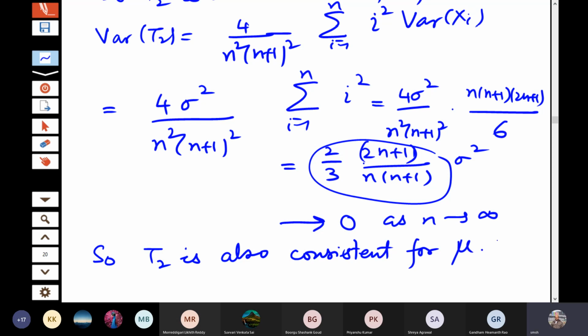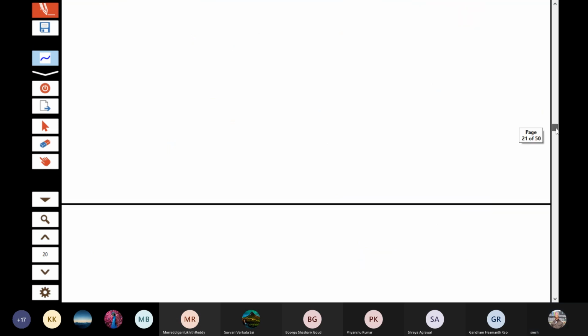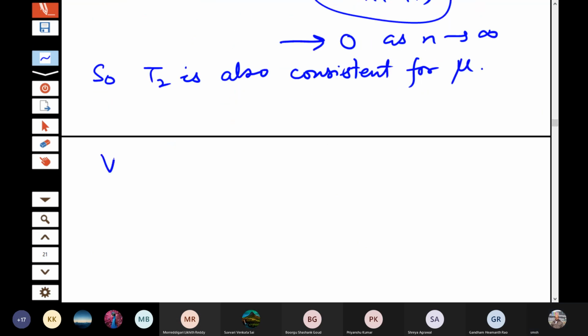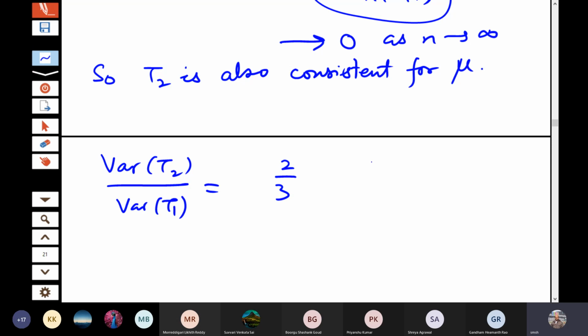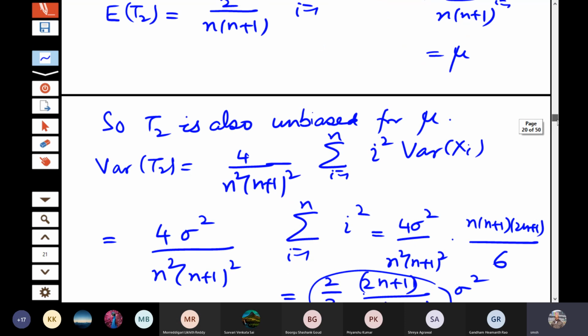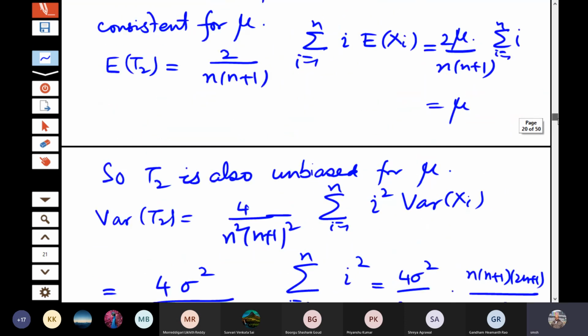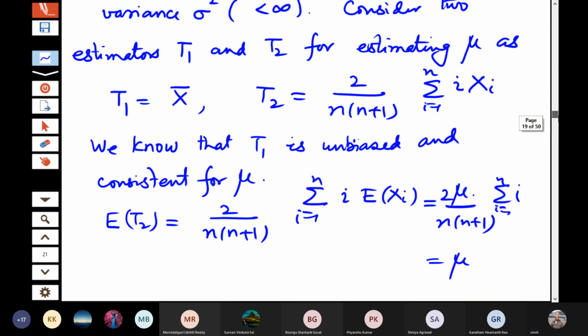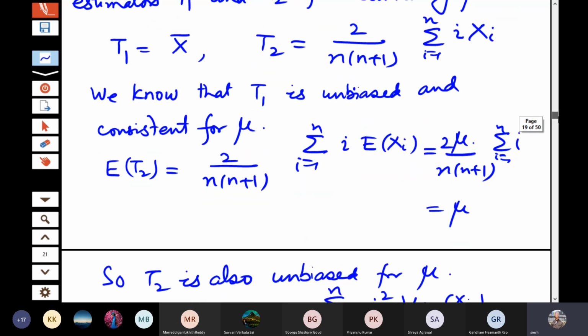However, let us compare the efficiency here. What is the variance of T2 divided by the variance of T1? That is 2 by 3, then 2n plus 1, and n will cancel out, you will get n plus 1 only, because here you have n into n plus 1, and the variance of T1, you know, is sigma square by n.